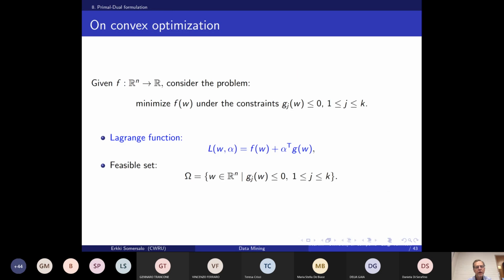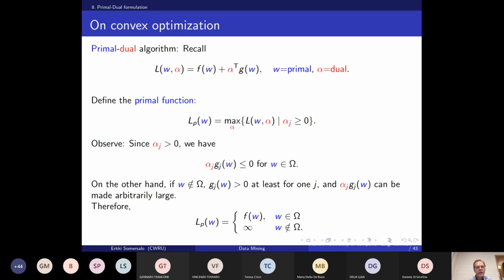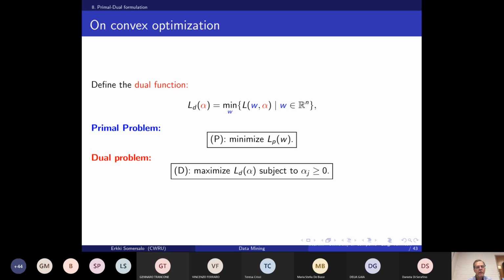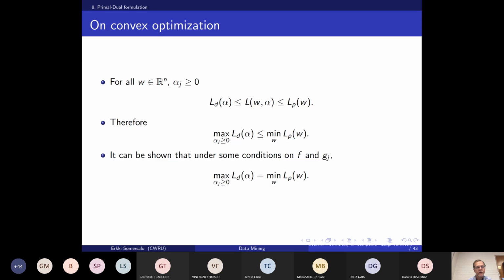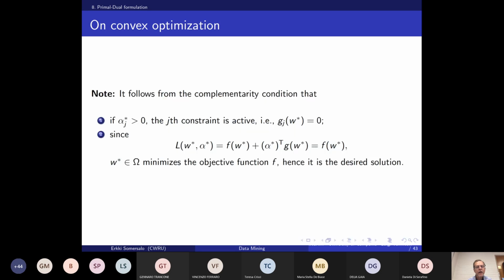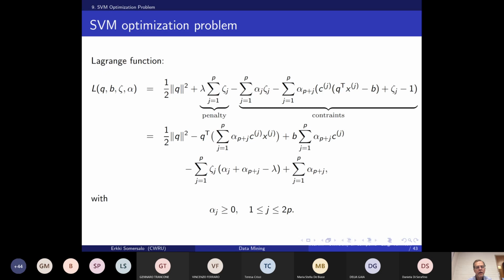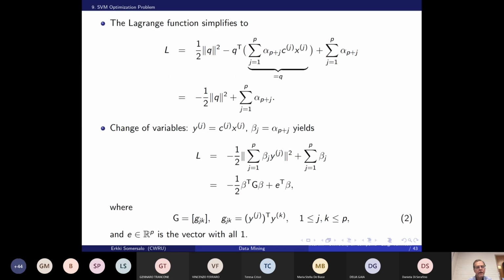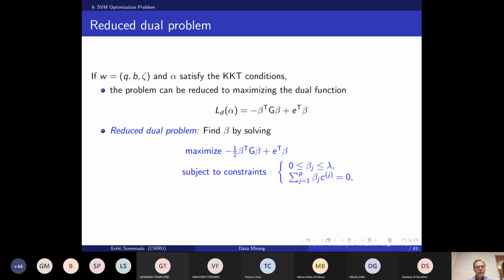And then we use the primal dual optimization algorithm, which is done for convex optimization problems with Lagrange parameters. The Lagrange parameters are the dual variables. Going through all this basic theory of convex optimization, we finally arrived at the reduced dual problem.